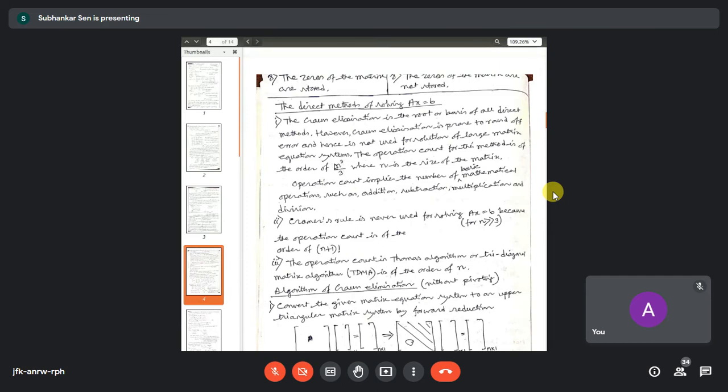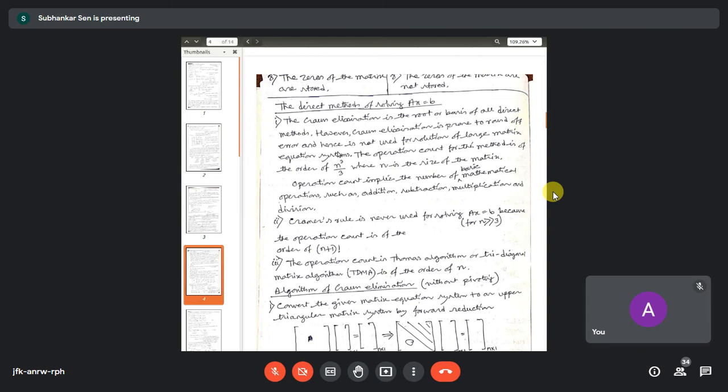By operation count, we mean how many additions, divisions, subtractions and multiplications you have performed from the start to the end, an estimation, not the precise number. More operations is not desirable. So in Gauss elimination, we get a huge operation count.